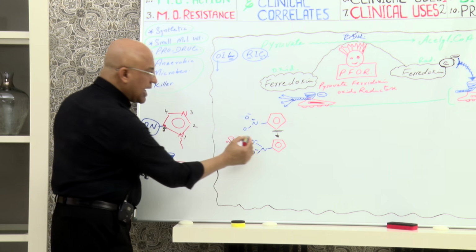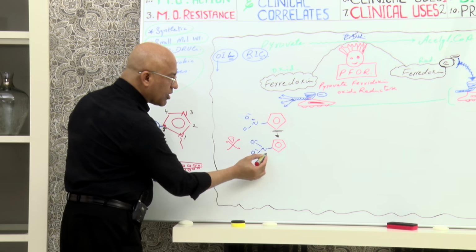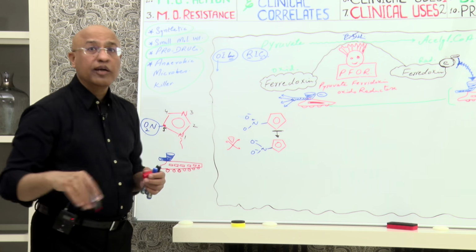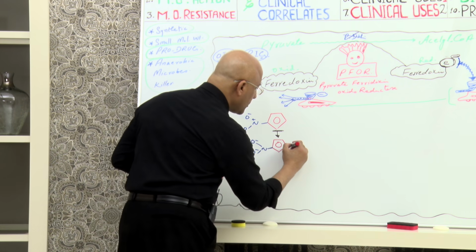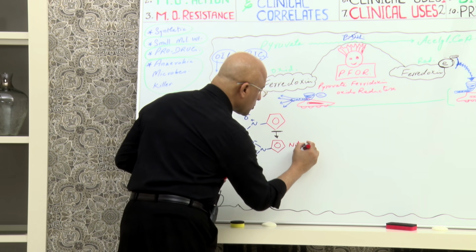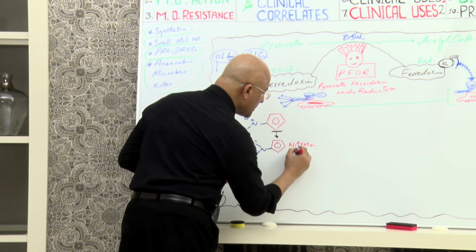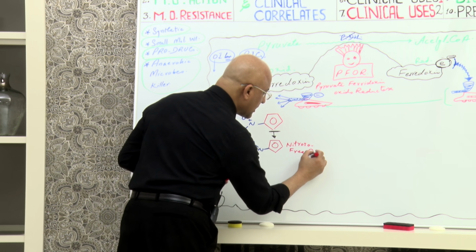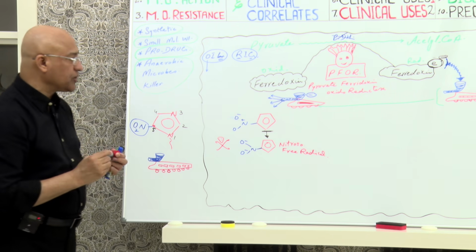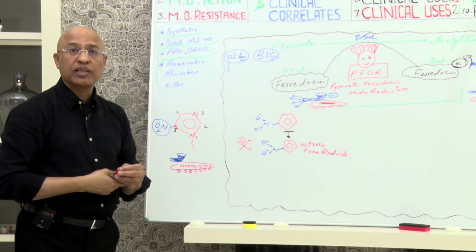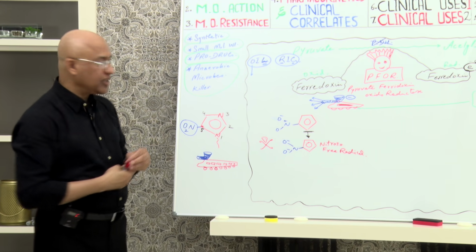This, which is loaded with electron, is called a nitroso free radical. It is highly reactive. It will react with the DNA of the cell and the proteins of the cell and damage them.